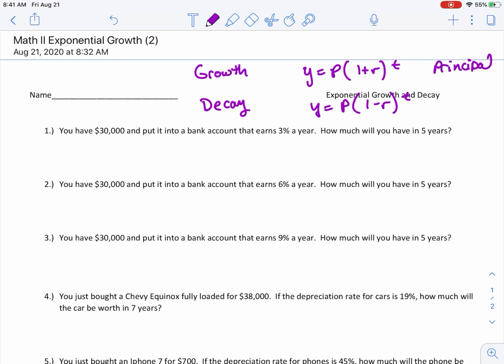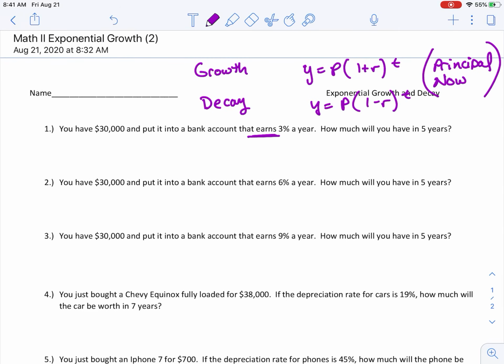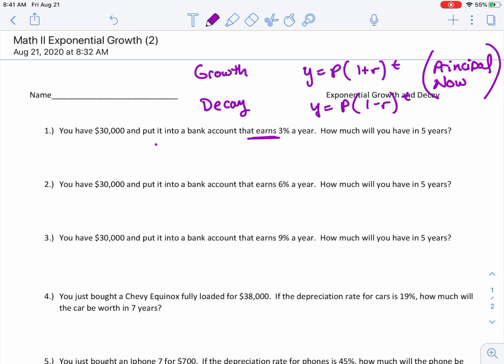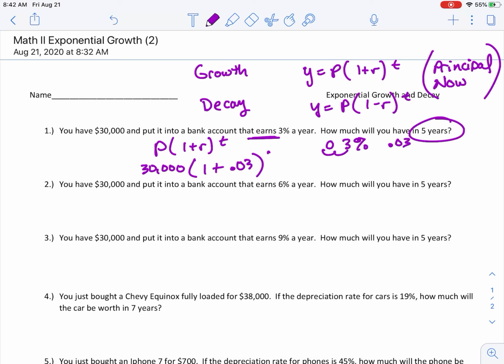What that means is, like, you put money in the bank, this is how much you have right now. So it earns. Anything that earns goes up. So this is P times 1 plus R to the T. How much money did you start with? You started with $30,000. 1 plus 3%. 3% is 0.03. You have to move it 2 decimals. So 0.03, how much do we have in 5 years?